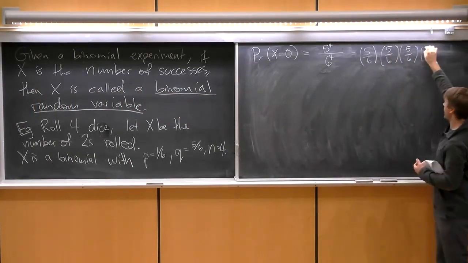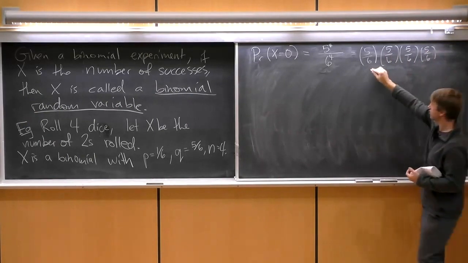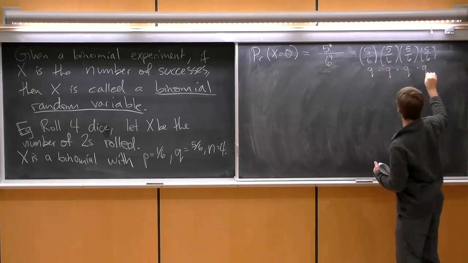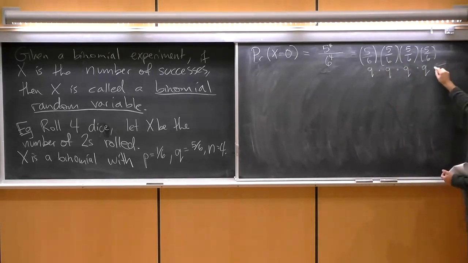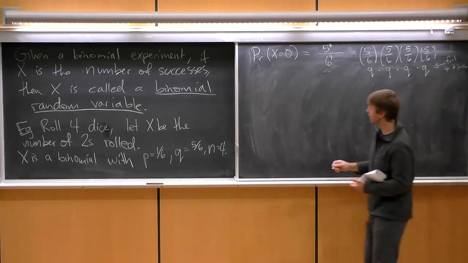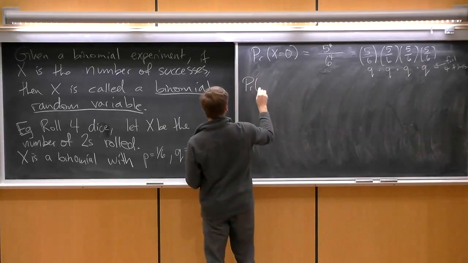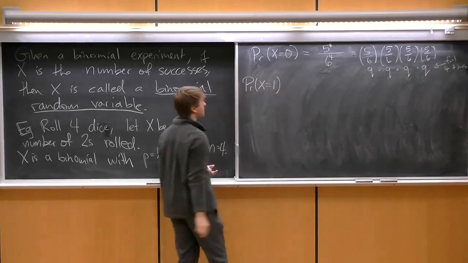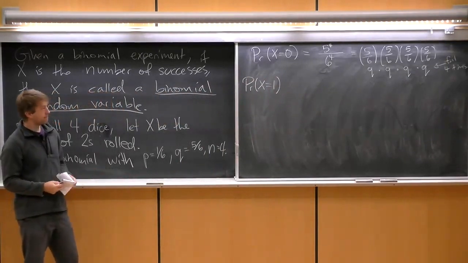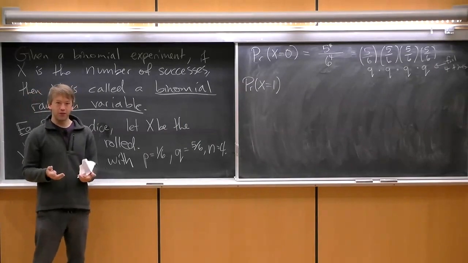So you can also think of this as 5 over 6, which is q times q times q times q, because you have to fail 4 times. And all the trials are independent, so you can just multiply them. Okay, so the probability of no successes is pretty easy.